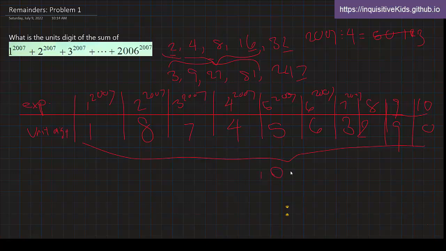To find 2007 divided by 10, well, 2007 is fairly close to 2000, which equals 200 times 10, and we're going to have a remainder of 7. Now we take that remainder and count to 7 of this series: 1, 2, 3, 4, 5, 6, 7. So the final answer would be 3.